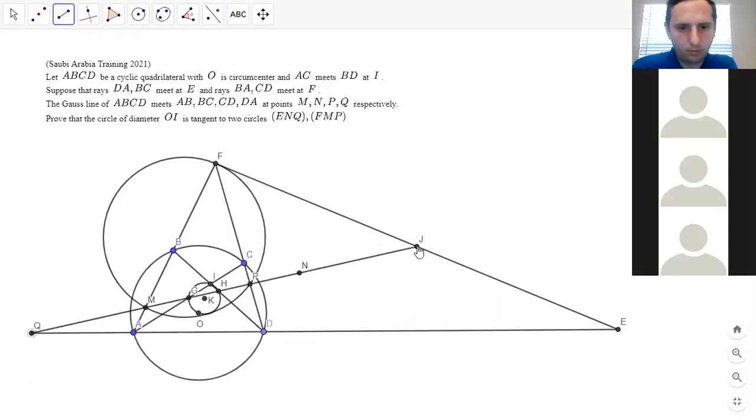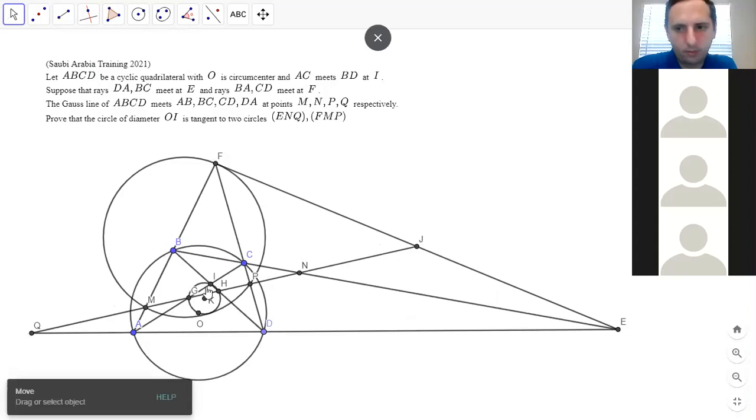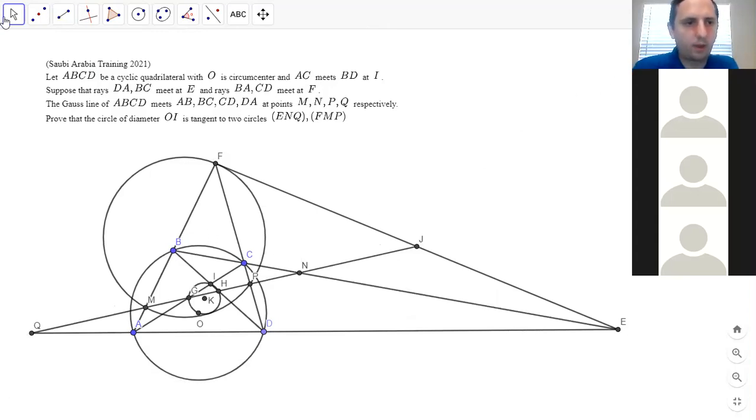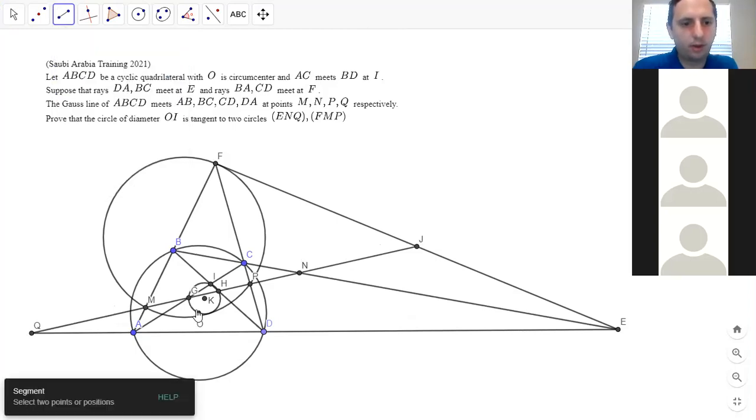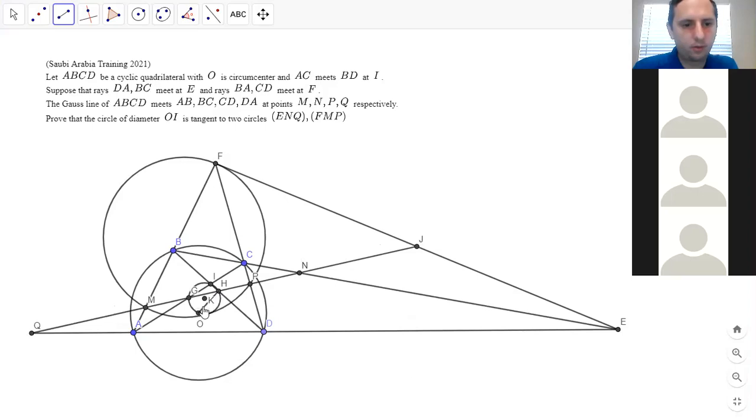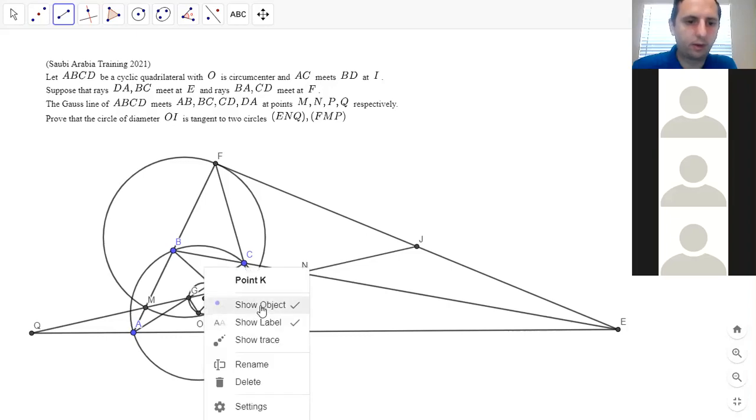It's kind of interesting. Really it's the circumcircle of OGHI. I don't even know if we really need K. I'm just going to hide K.